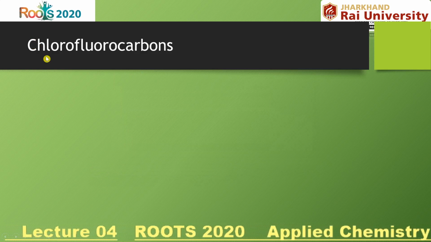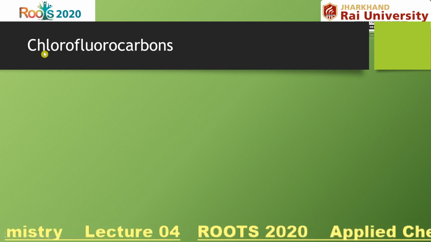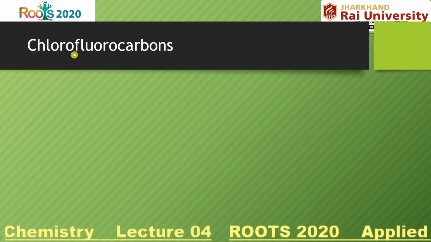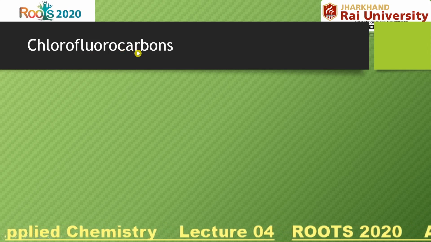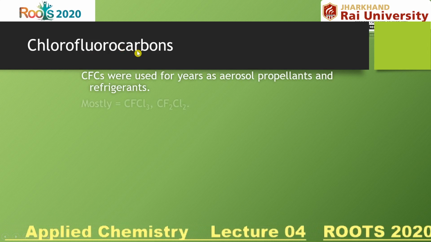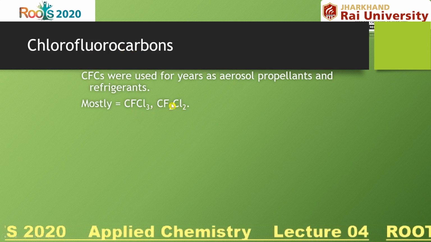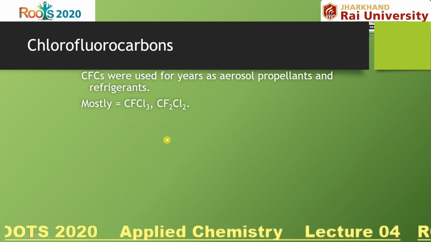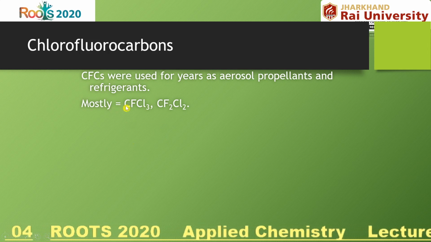Chlorofluorocarbons, as the name suggests, the molecule must have chlorine, fluorine, and carbon as components. For example, the most used chlorofluorocarbon by human beings is CFCl3.